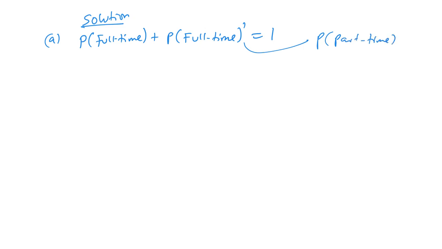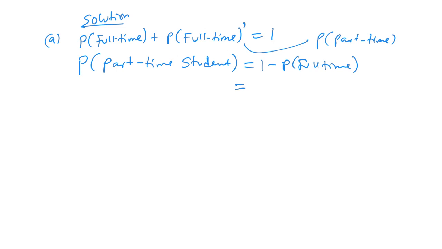The first part is asking for a student chosen at random from the students in the college being a part-time student. So the probability of a part-time student is 1 minus the probability of full-time.